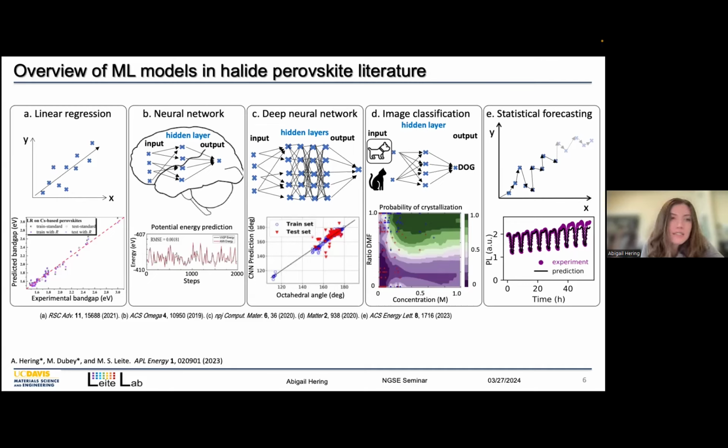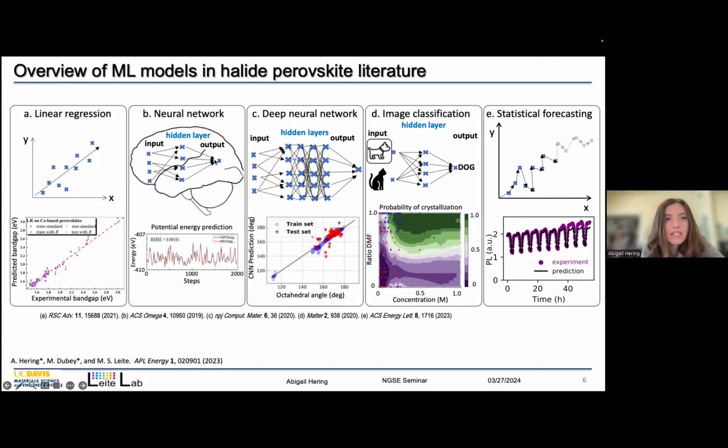So the next type is a neural network. So here there's an input layer, a hidden layer, and an output. So within the hidden layer, there is some activation function, so there's some calculations being performed here.